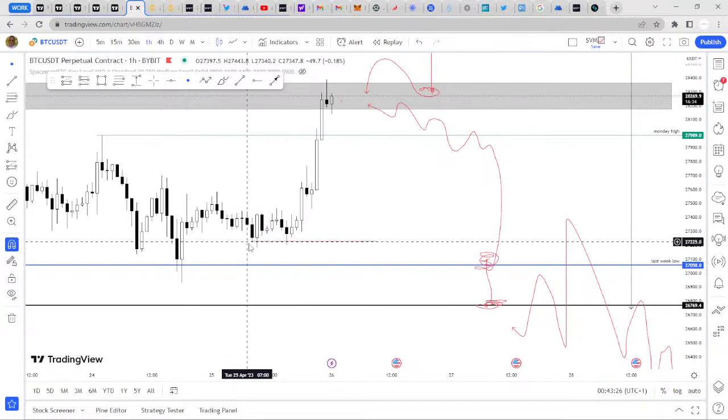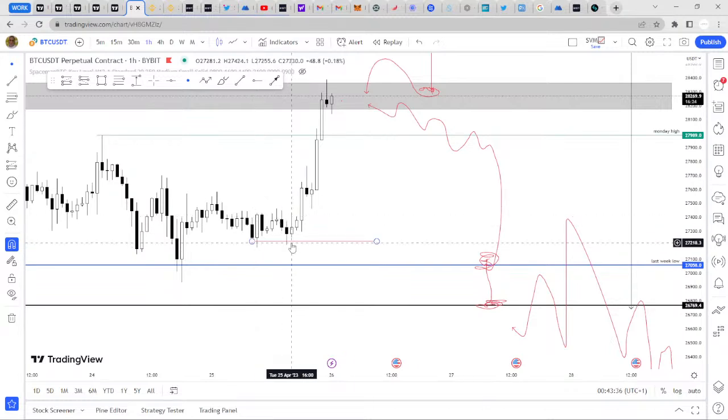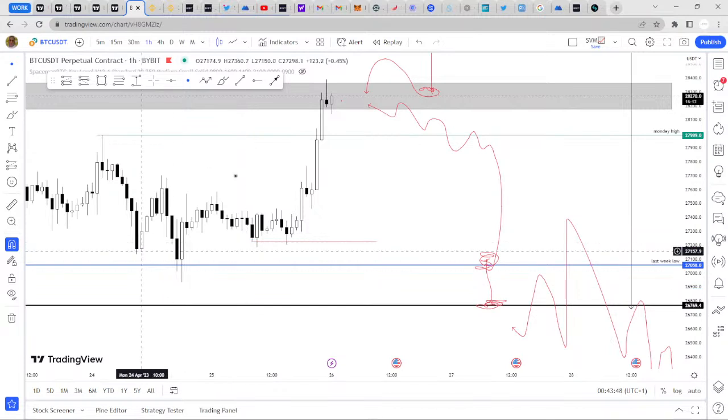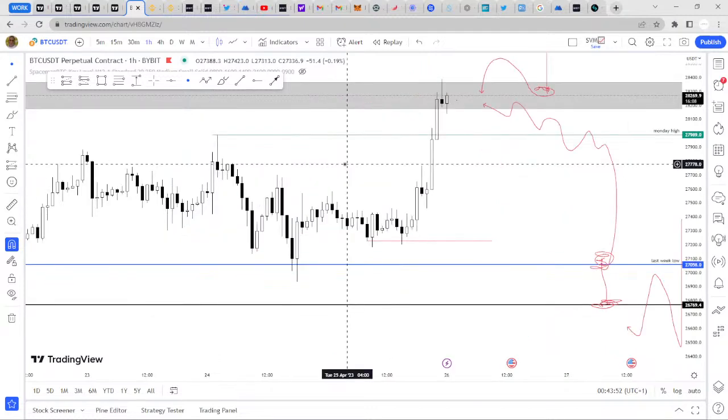We had a low here. Price went below the low, but failed to close below. That's one. The price traded up, came back, and failed to close below that same low. So that's what this one is. You call this a bullish SFP, a bullish swing failure pattern. If it happens the other way around, you call it a bearish SFP.